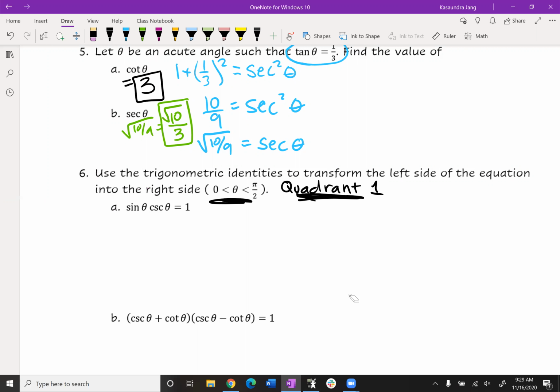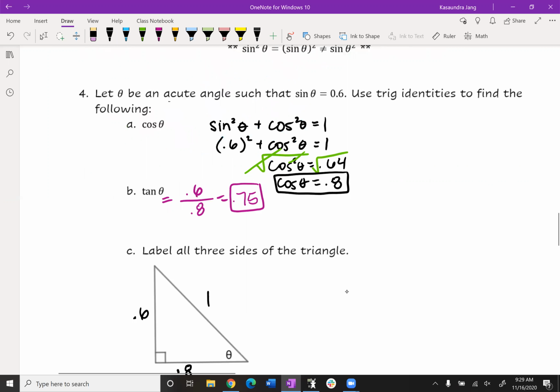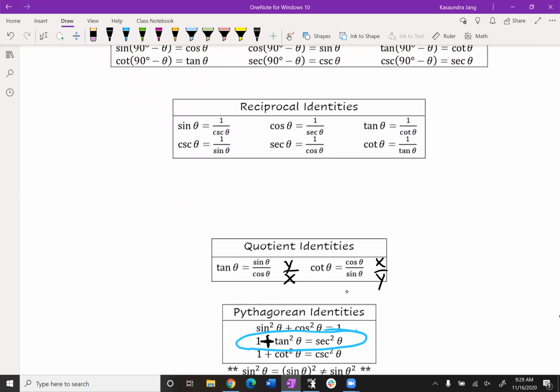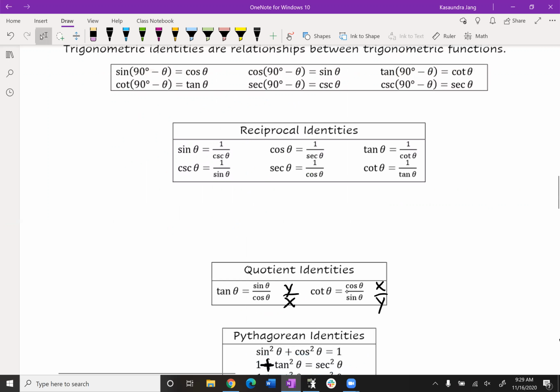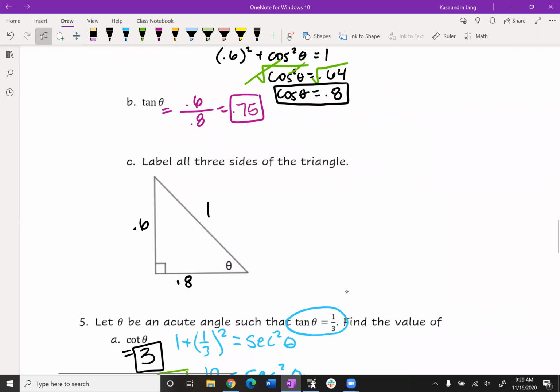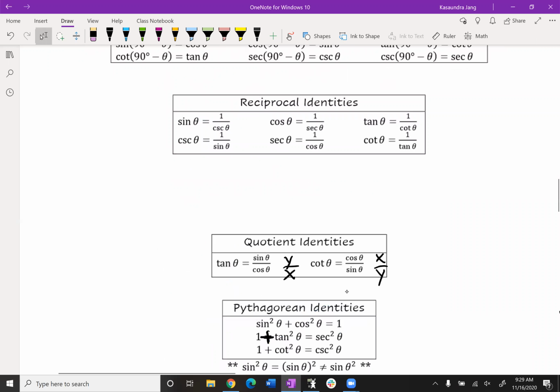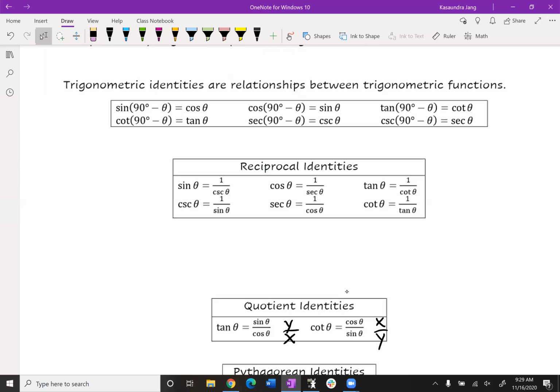So let's see, out of my identities, I had, let's see, it was secant. Wait, what was I looking at? It was sine and cosecant. Okay. Let's see how I can make those multiply to be 1. Sine and cosecant. Let's look at these guys. Cosecant is like the reciprocal of my sine. It's like 1 over sine.